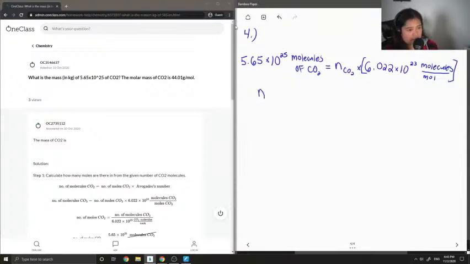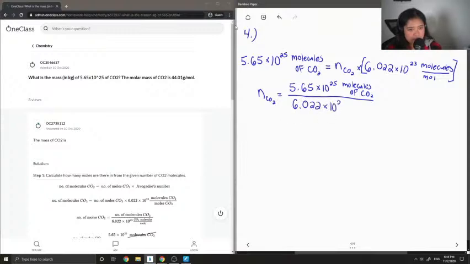So in order to calculate the number of moles, all we have to do is 5.65 times 10 to the 25 molecules divided by 6.022 times 10 to the 23 molecules per mole.